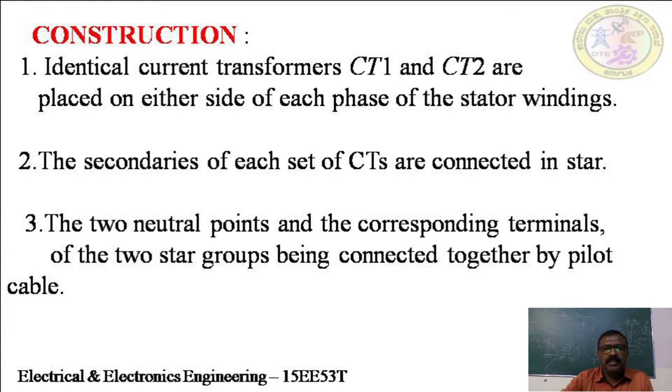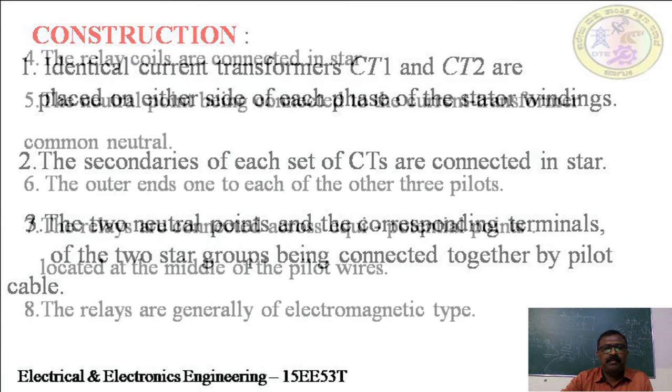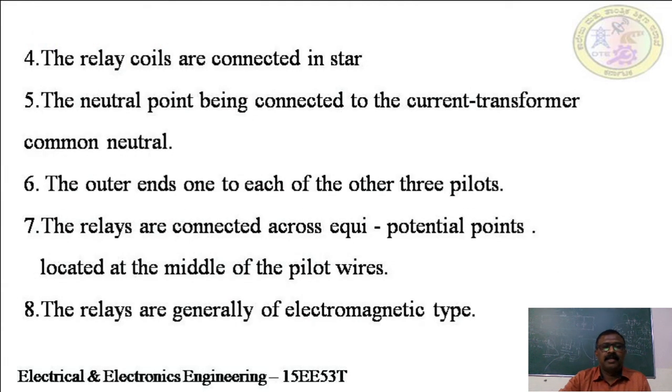The secondaries of each set are connected in star. The two neutral points and the corresponding terminals of the stator groups are connected together by a pilot cable or pilot wire. The relay coils are connected in star, with the neutral point connected to the current transformer common neutral. The outer end of each relay coil is connected to one of the three pilots.